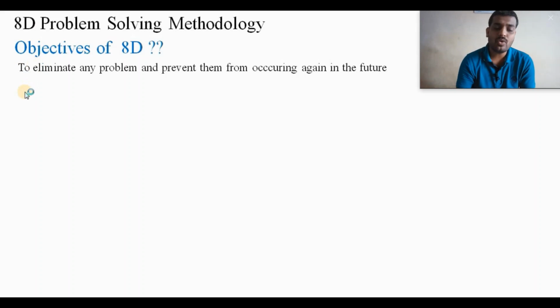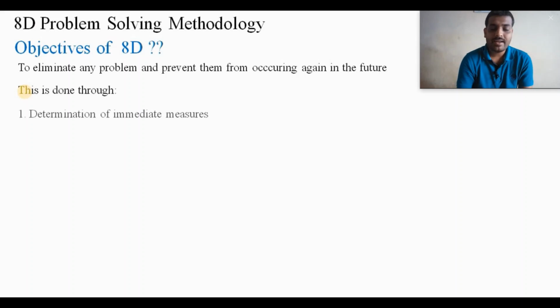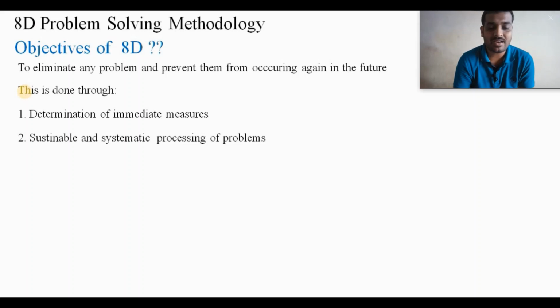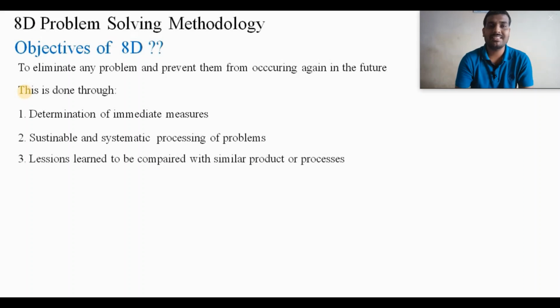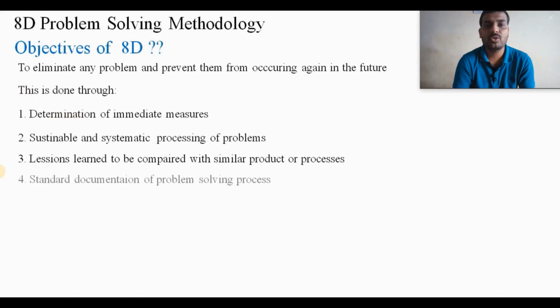Okay, this is done first through determination of the immediate measures required in order to avoid further complaints, then through sustainable and systematic processing of internal and external complaints by determining and eliminating technical causes, then through the findings or lessons learned to be compared with comparable businesses or processes or products, and fourth by standard documentation of the problem solving method. Okay, so this is about the objective of 8D.